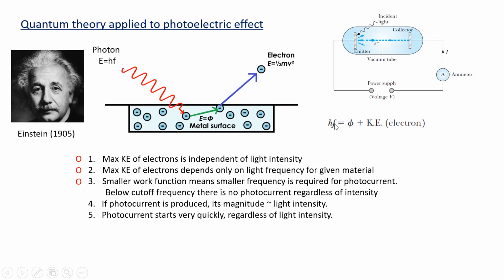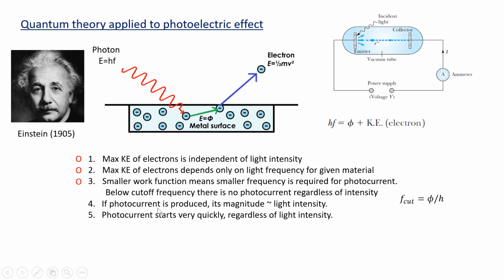If we solve for that, we get a cutoff frequency equal to just the work function phi divided by h. That's found by setting the kinetic energy equal to 0, which would be the first point at which there's no photocurrent.